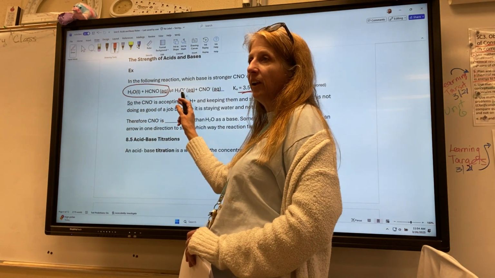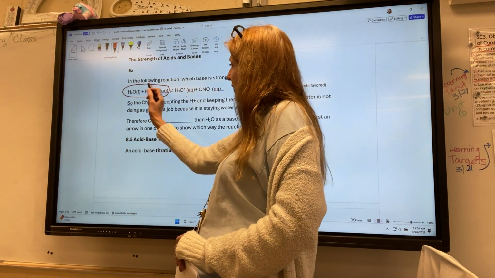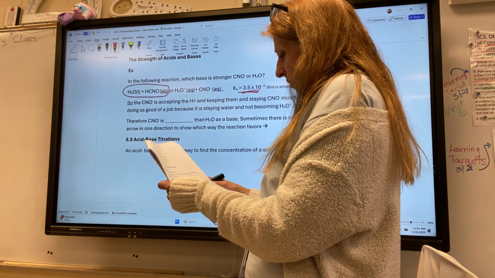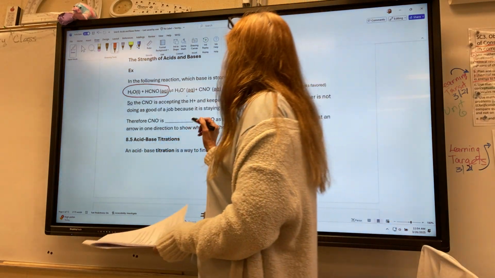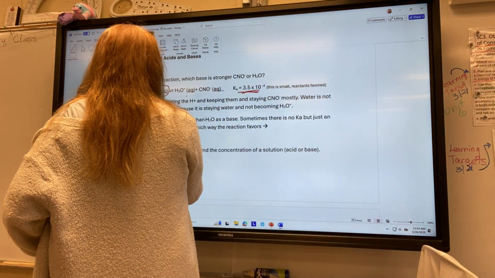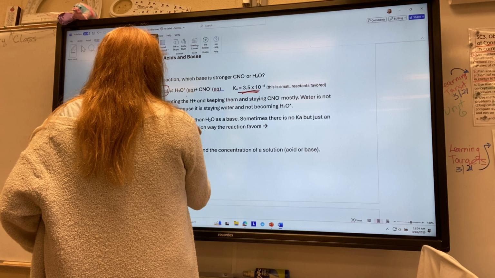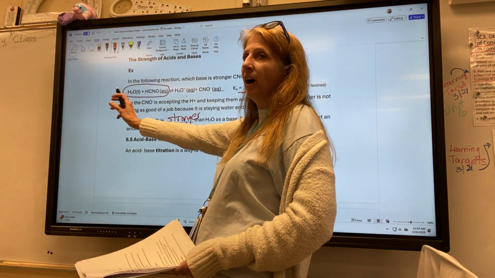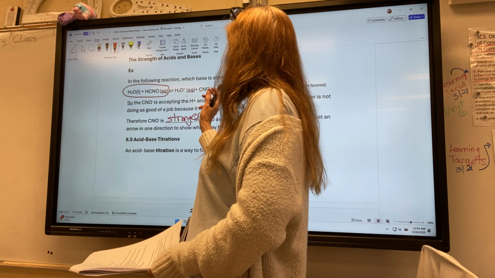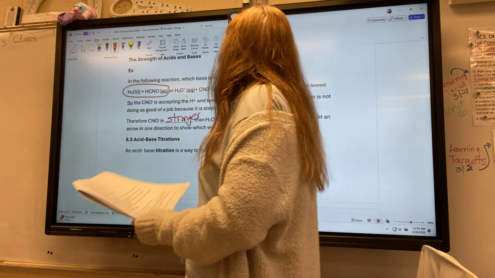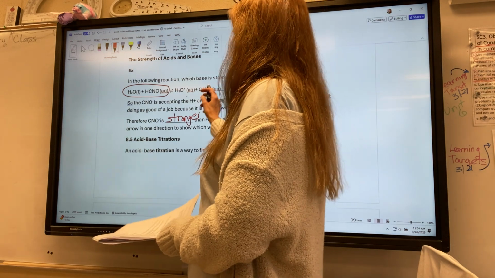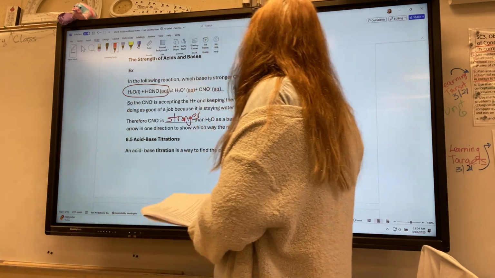Do you see that there? It's not doing it. This side is favored. And so therefore, our CNO⁻ is stronger because it is grabbing H's and that one's not. So CNO⁻ is a stronger base. It's doing a better job accepting protons than water is.